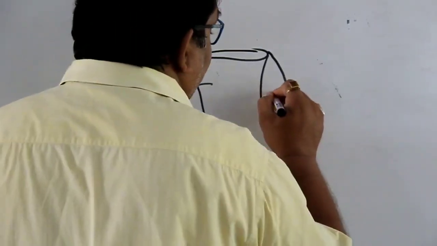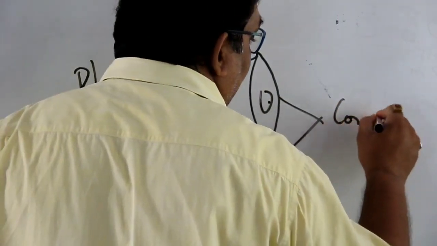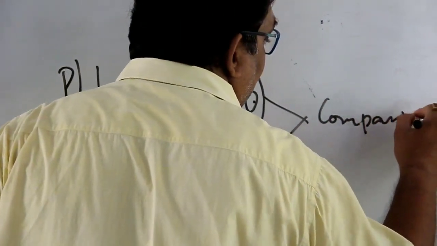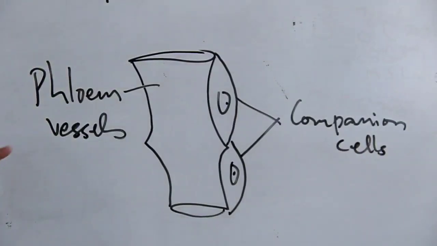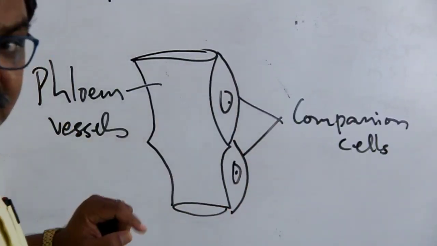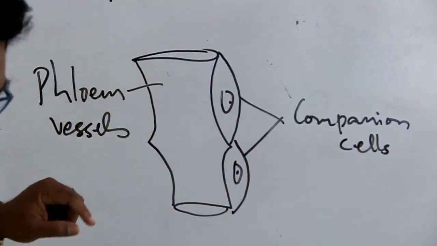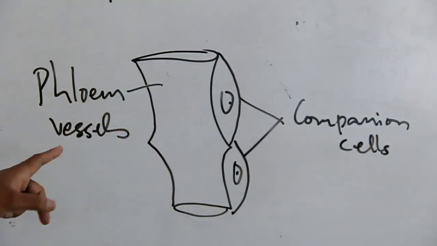And these are the companion cells. Now these are also elongated, as you see, lengthwise, oval shaped structures joined to the phloem vessels.